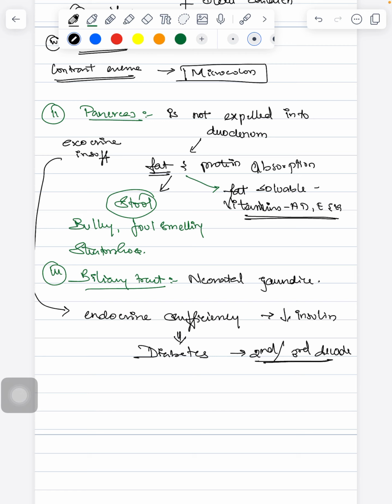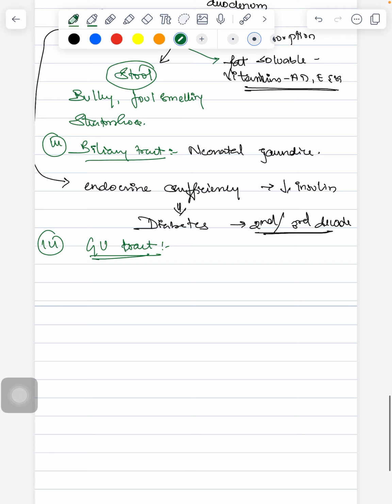Next, in your genitourinary tract. In genitourinary tract, what will happen? There can be a congenital absence or obliteration of vas deferens. This can be bilateral.